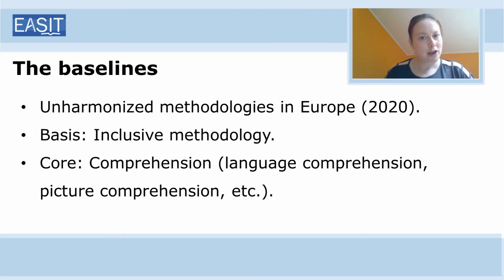At this point, Europe has unharmonized methodologies for approaching the validation process, at least when it comes to comprehension. The before-mentioned project, Train to Validate, addresses this, but for now, it is important to note that the basis for the process in most countries is inclusive methodology. At the core of the process lies comprehension, for example, language comprehension and picture comprehension.